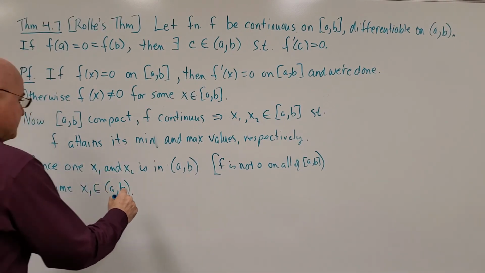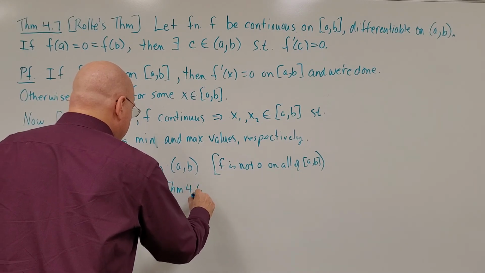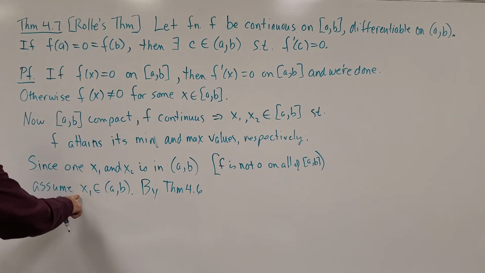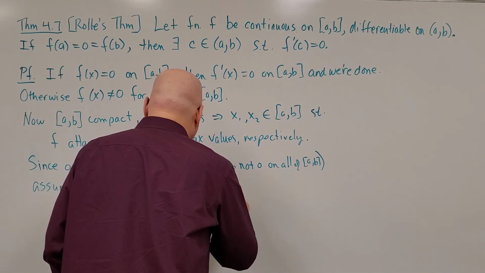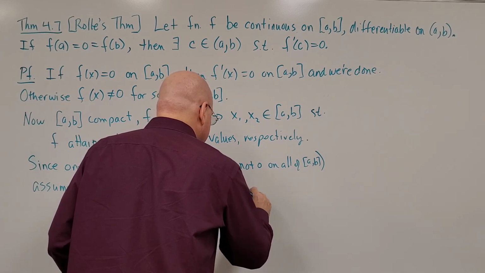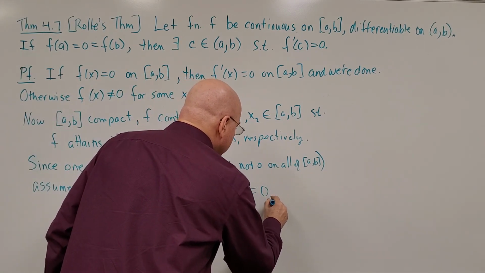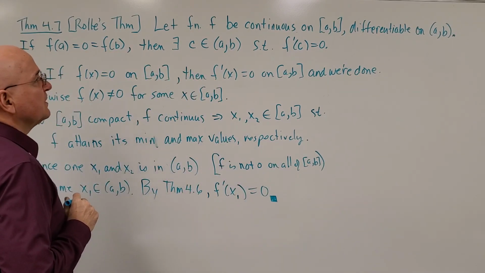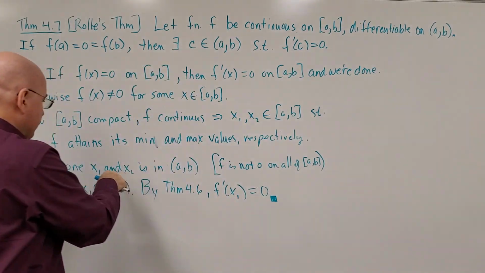Well, by the previous theorem, theorem 4.6, the derivative of f at this point is 0. And that's all we needed to prove. The c we found was this x1 that we constructed here.